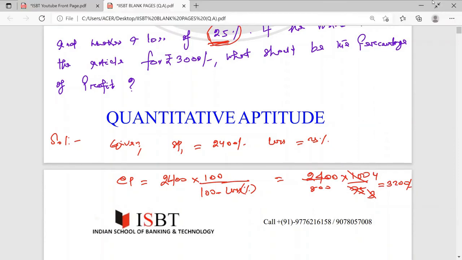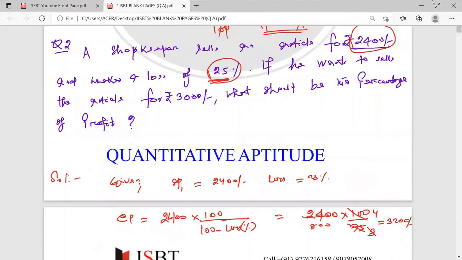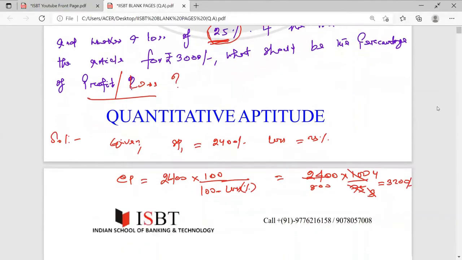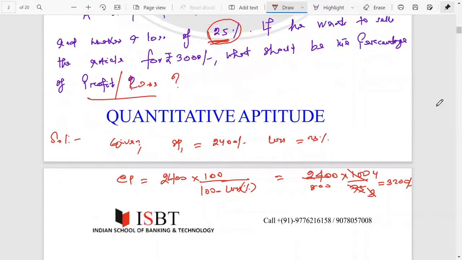The question is, correct the question. What should be the percent of profit or loss? Profit or loss. Okay. Now the cost price is 3,200. Selling price is 2,400. Okay. Loss 25%.